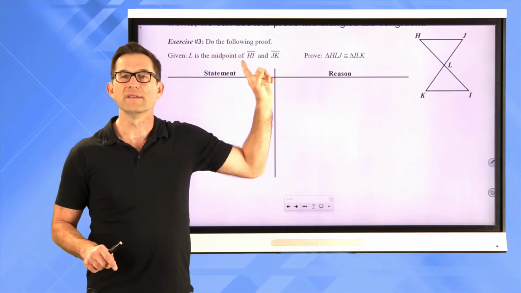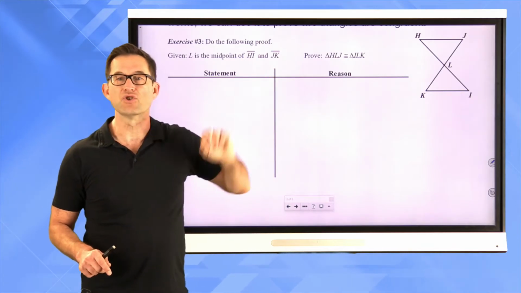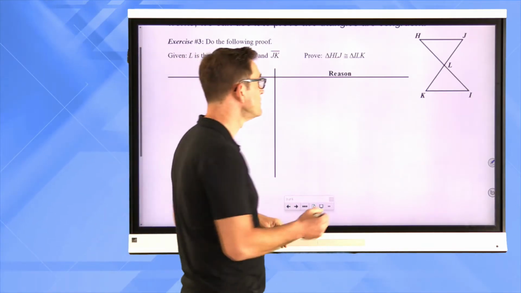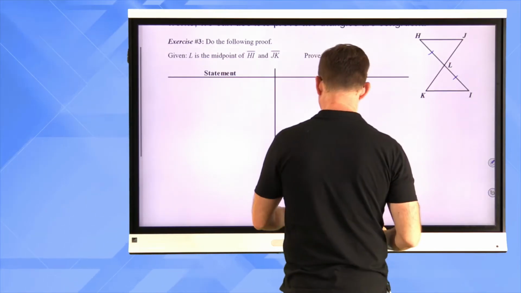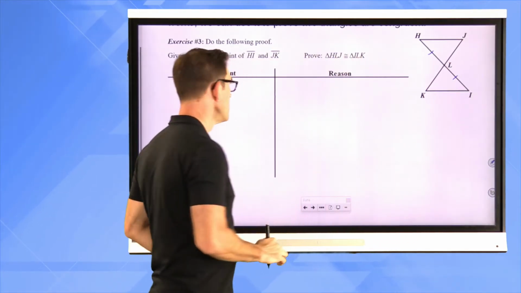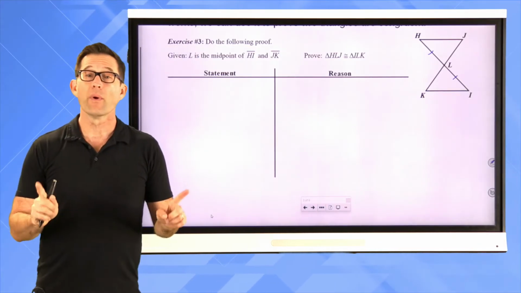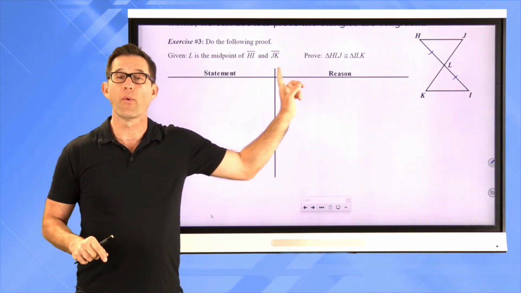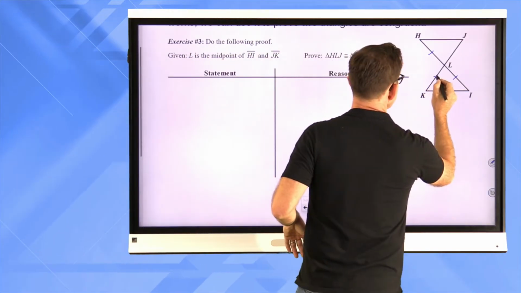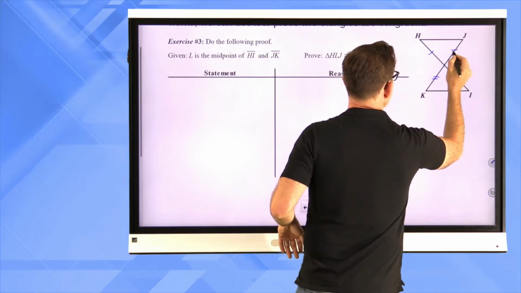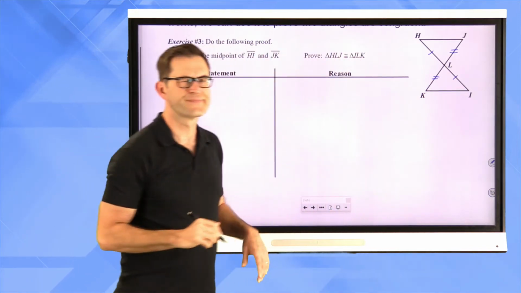We know L is the midpoint of segment HI. What does that tell us? Well, that's going to tell us that HL and IL are congruent to each other. But we also know that L is the midpoint of segment JK. What's that going to tell us? That's going to tell us that KL is congruent to JL.